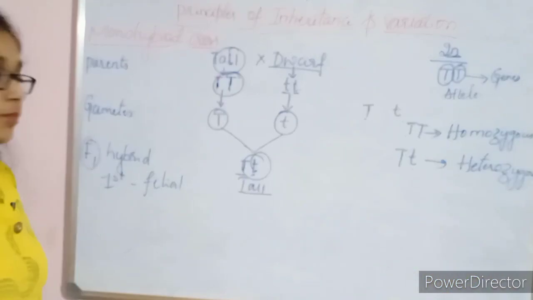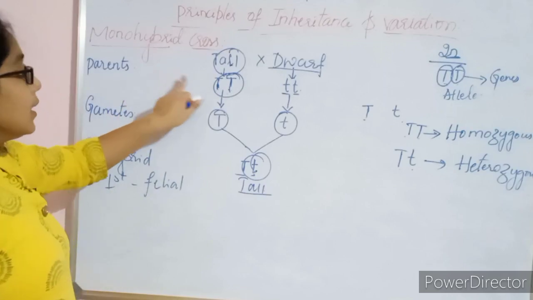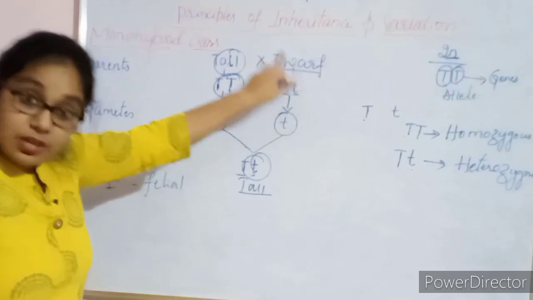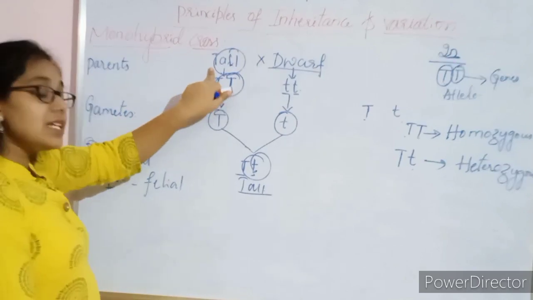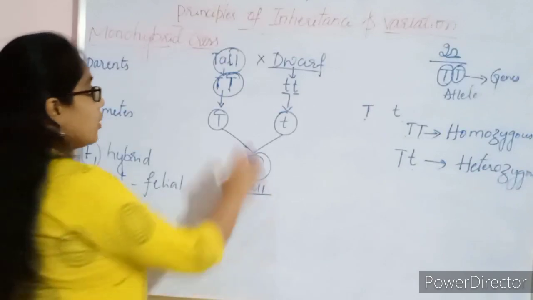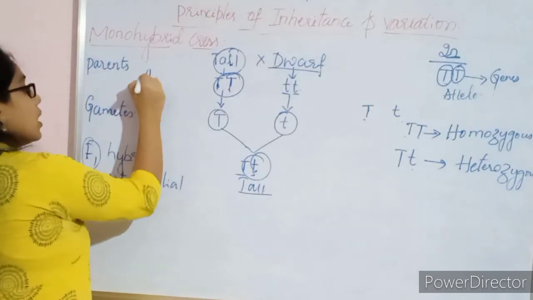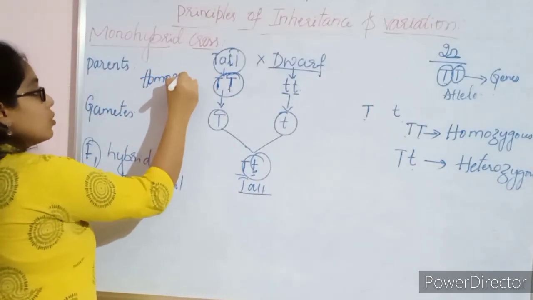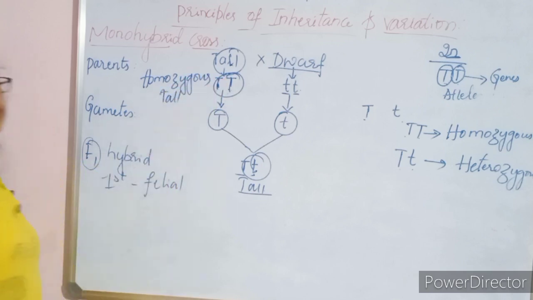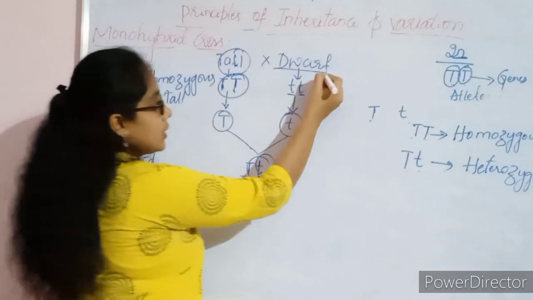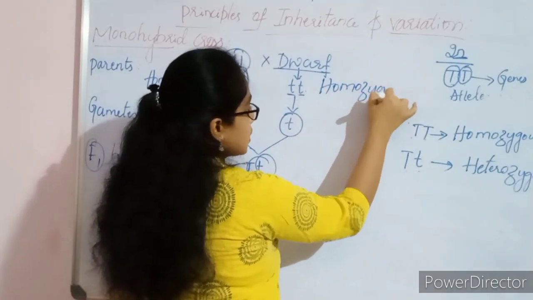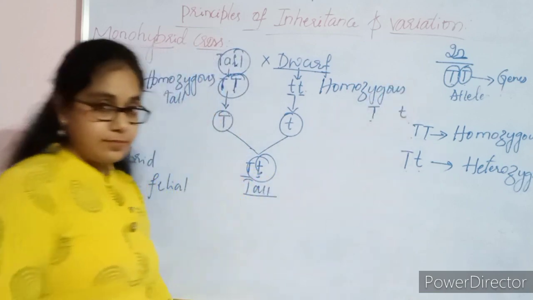Very easy. So while you are writing parents here like tall crossed with dwarf, you have to mention whether it is homozygous or heterozygous. So this is now the homozygous tall, and this one is homozygous dwarf.